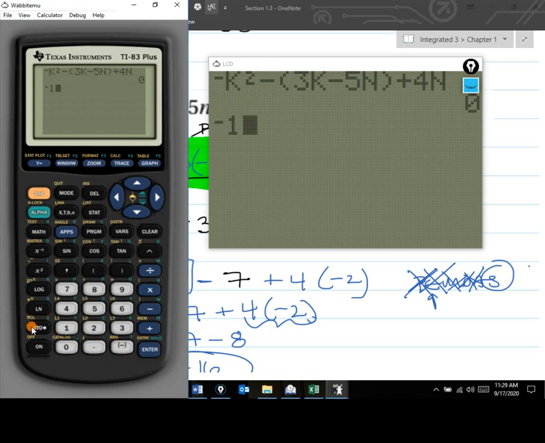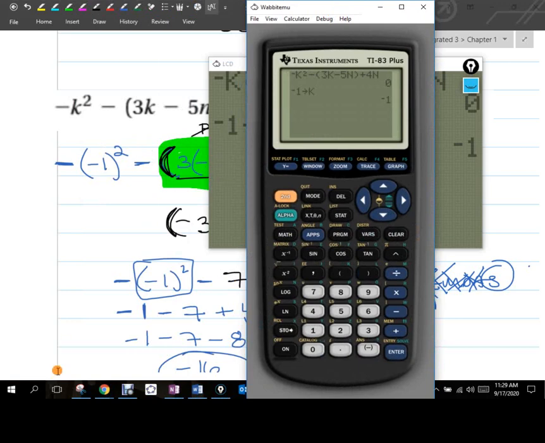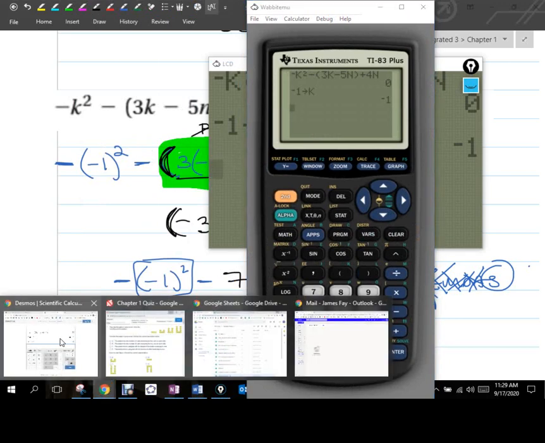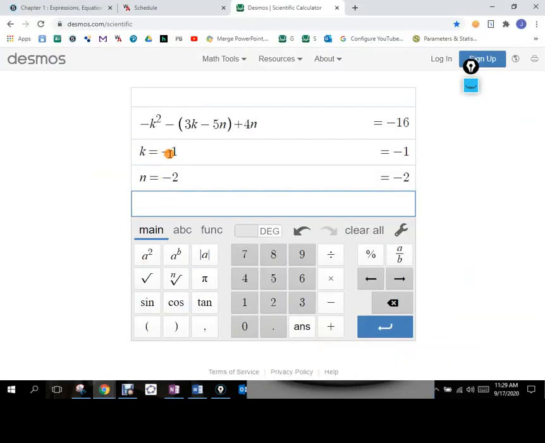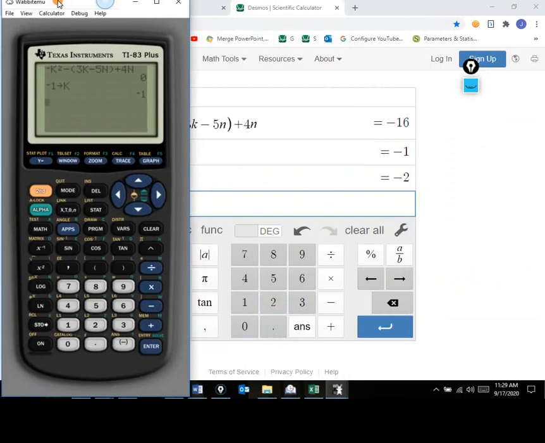You see this button that says STO? That stands for store. So I'm going to store that, and I'm going to hit alpha K. I hit enter, and it just puts the number that I was storing. That's exactly the same as what we were doing in Desmos when I said K was equal to -1. The steps are just a little bit more involved on this calculator.